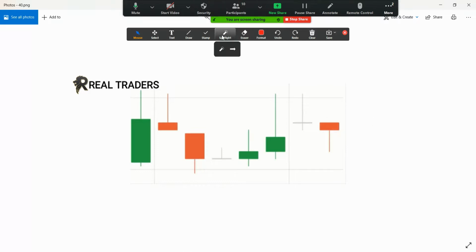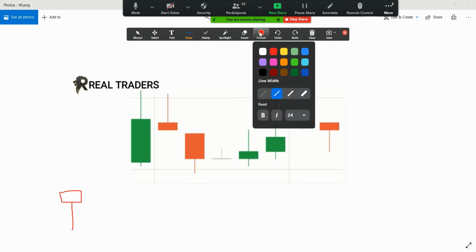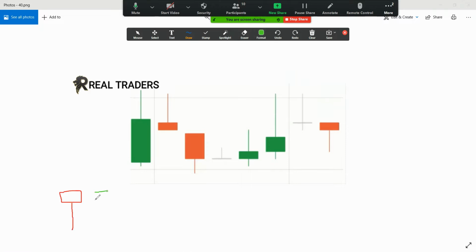Okay, so we talked about the hammer candle, right? A hammer candle, and the color doesn't matter. Let me draw both. We talked about the inverted hammer or a shooting star.